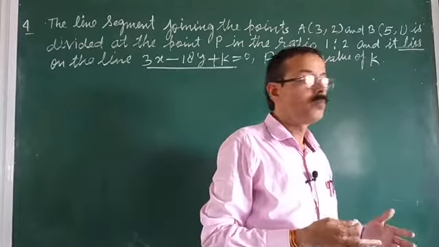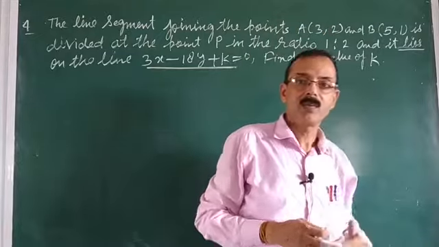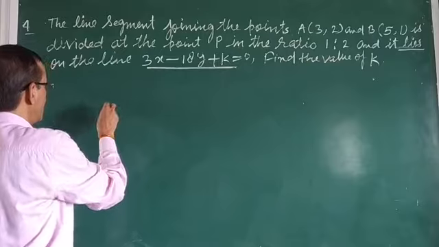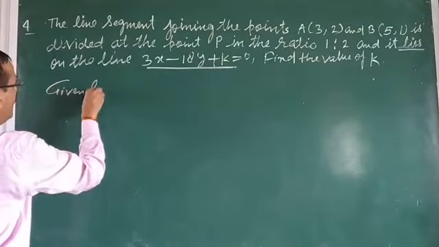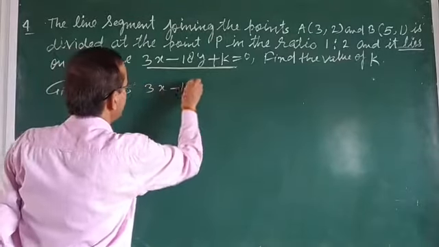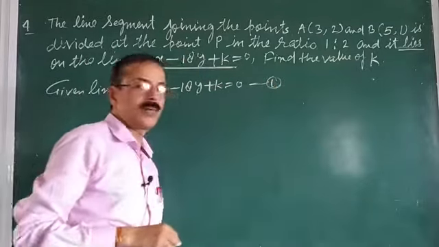Where is P? P is on the line which we get on joining A and B. Meaning, if this is the given line 3x minus 18y plus k is equal to 0. This is the given line.